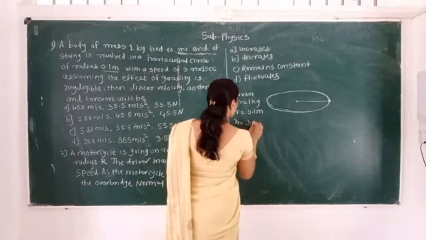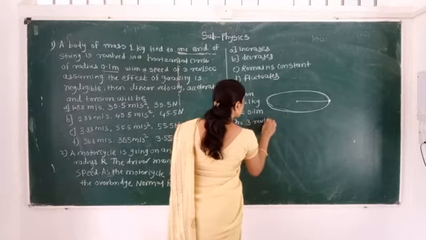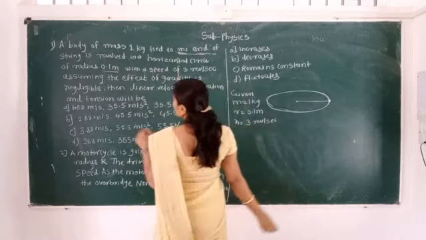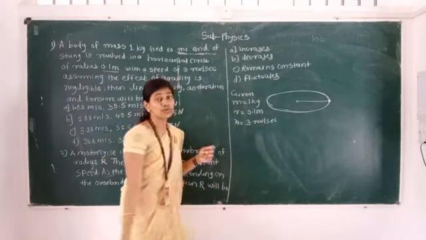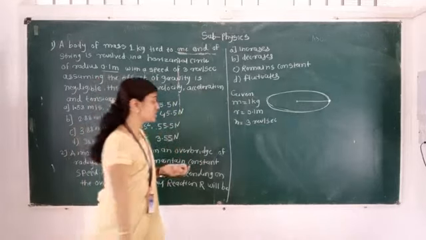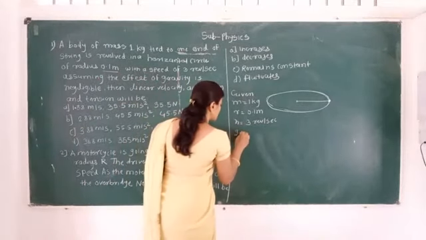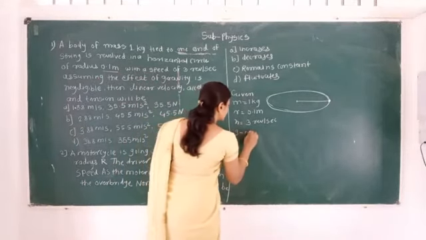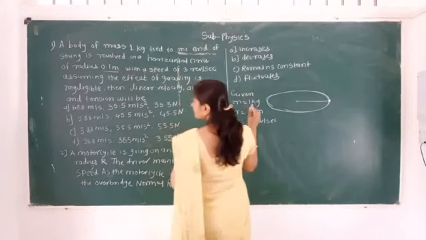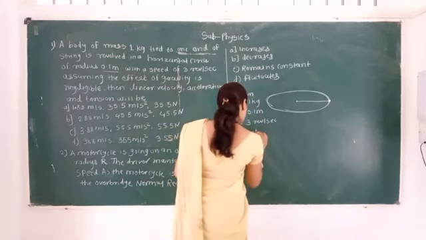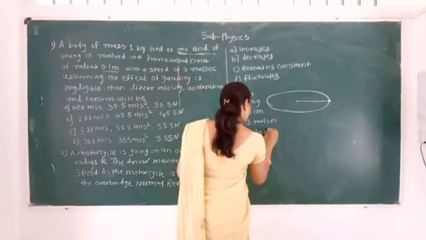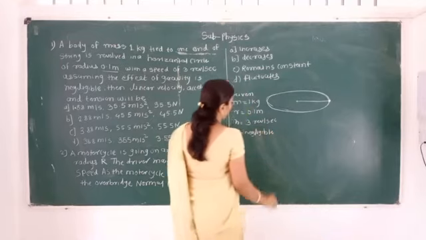N is frequency, 3 revolutions per second. Now here we have to neglect the effect of g. That means acceleration due to gravity is negligible. That means that effect we have to neglect.